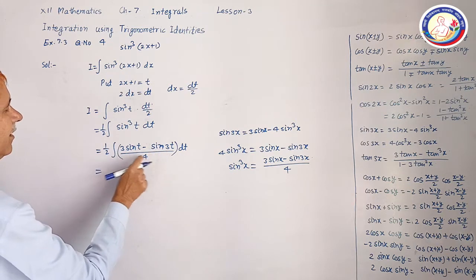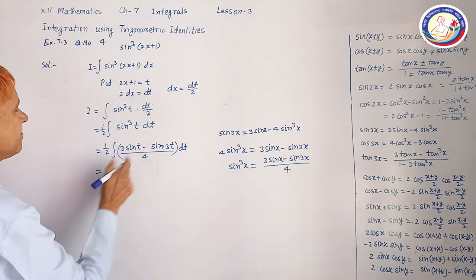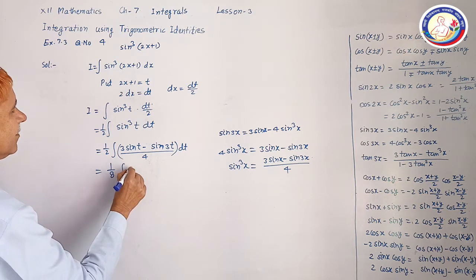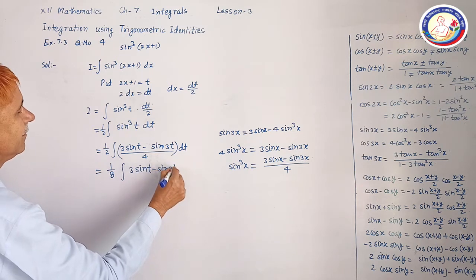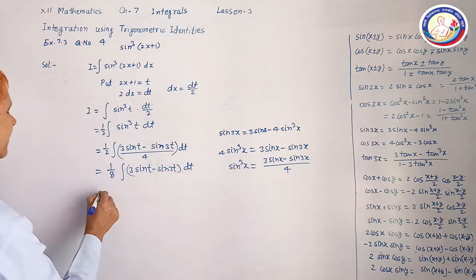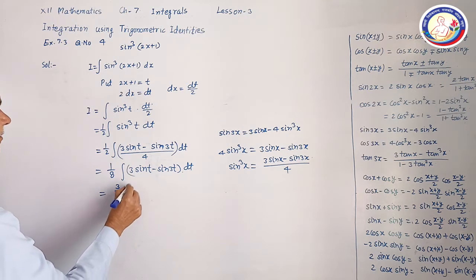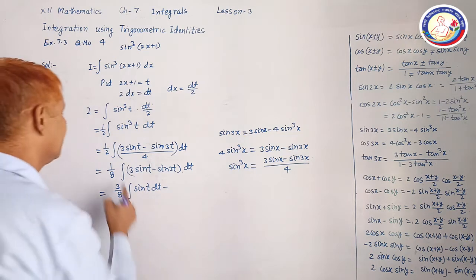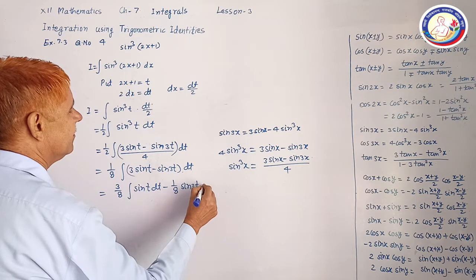Now simplify this: take the denominator 4 outside the integrand, it will be 1 upon 8 integration of 3 sine t minus sine 3t dt. Break this into two parts: it will be 1 upon 8 into 3, that is 3 upon 8 integration of sine t dt, minus 1 upon 8 into integration of sine 3t dt.